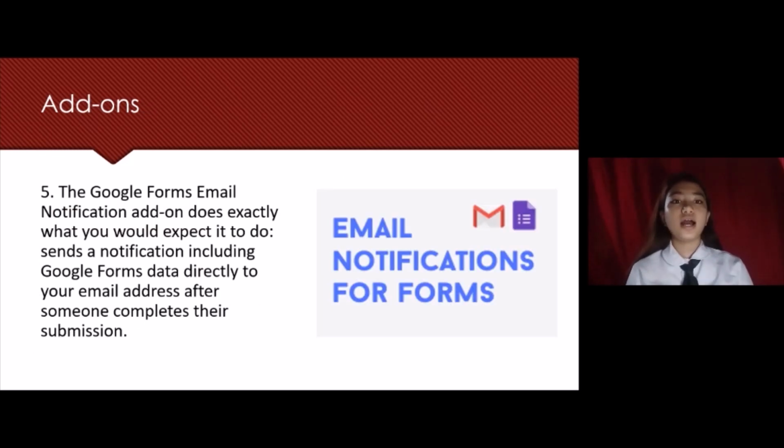So the last add-on is Google Forms email. The Google Forms email notification add-on does exactly what you would expect it to do. It sends a notification including Google Forms data directly to your email address after someone completes their submission.